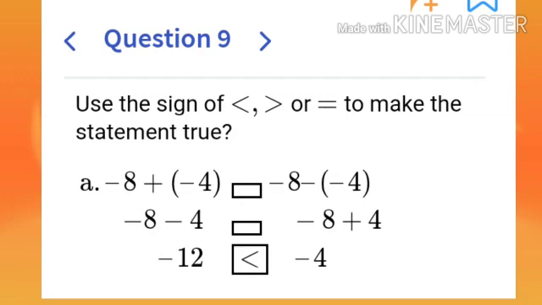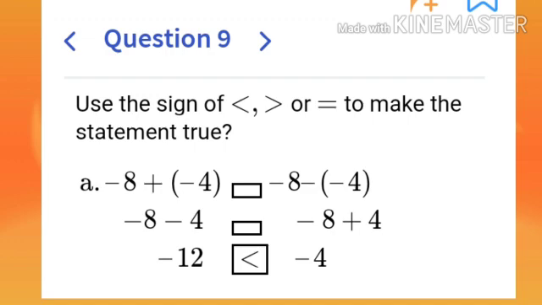In question number 9, use the sign of less than, greater than or equal to make the statement true. Subdivision 1. Minus 8 plus of minus 4 is one expression and minus 8 minus of minus 4 is another expression. Now, minus 8 plus of minus 4.